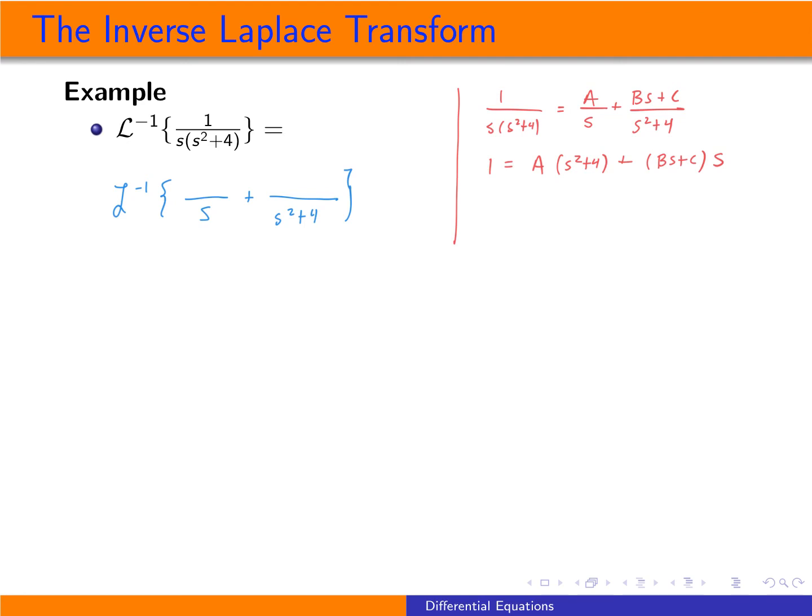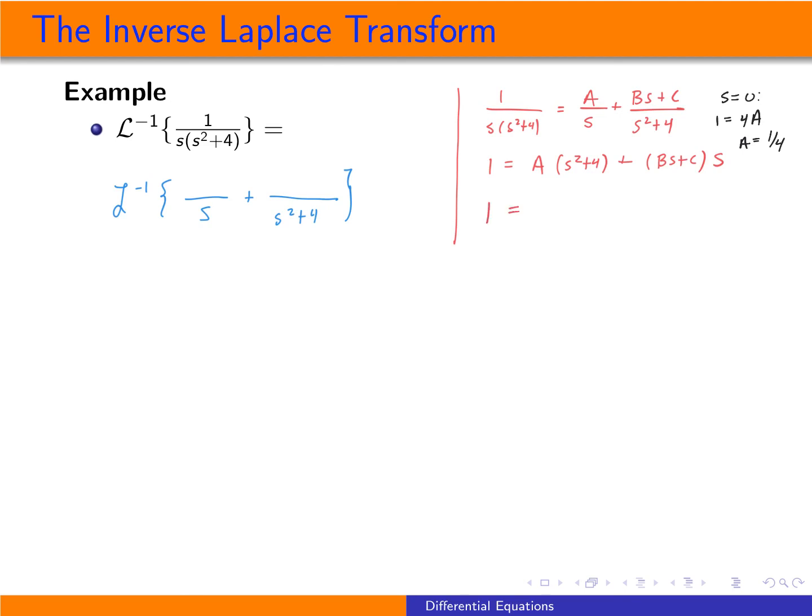And at this point, we can always substitute in, because we have a linear term here, an intelligent choice of s that immediately allows us to solve for one of these. So let me just note kind of to the side here, if s happens to be equal to 0, we have 1 on the left and 4a on the right, so a is 1/4. And that might help us out in a bit.